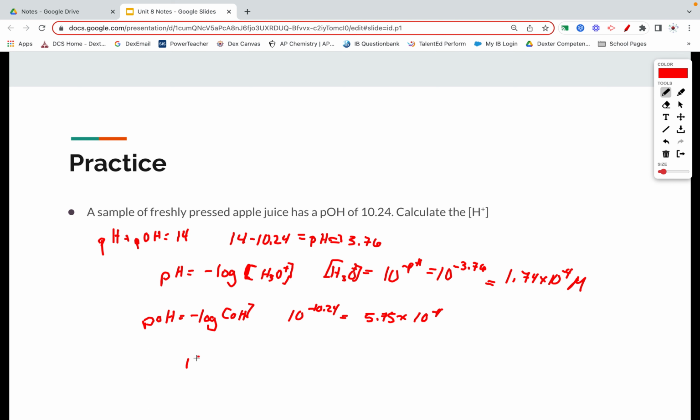Then we could say Kw is equal to the concentration of OH times H3O plus. So we can solve for H3O plus because we know Kw is 1.0 times 10 to the negative 14th, because it's at 25 degrees Celsius, or we're assuming 25 degrees Celsius, and we would divide that by 5.75 times 10 to the negative 11th, and that is going to equal 1.74 times 10 to the negative fourth.